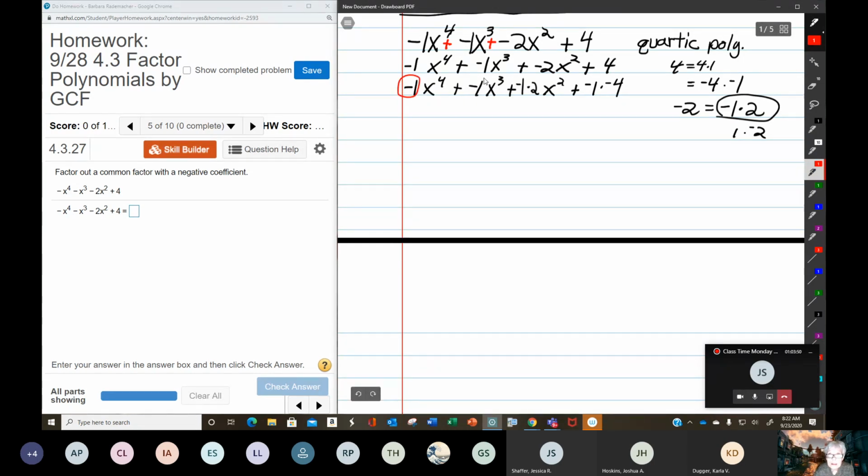So -1, -1, -1, -1. The -1 gets written in front. And then parentheses for all these leftovers.